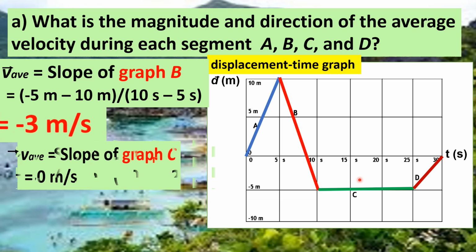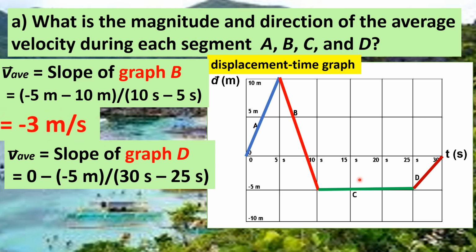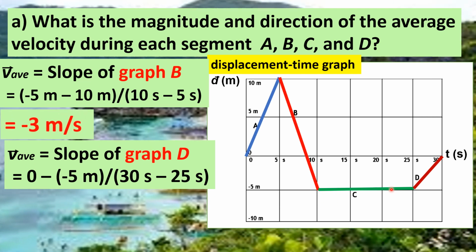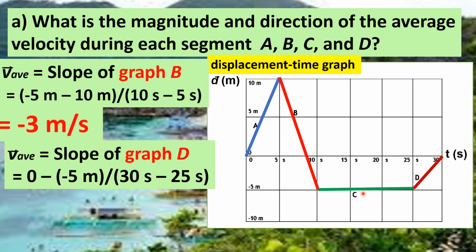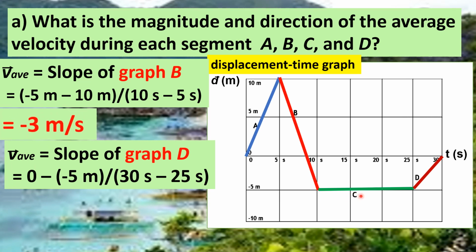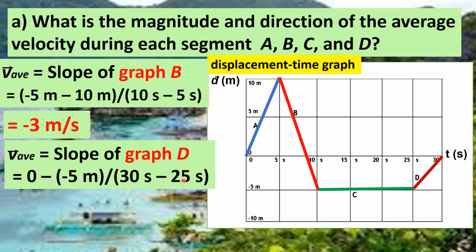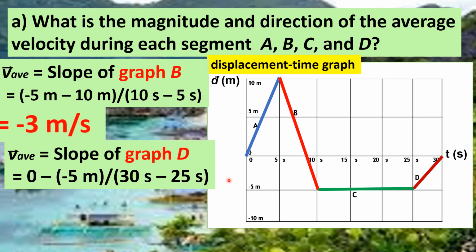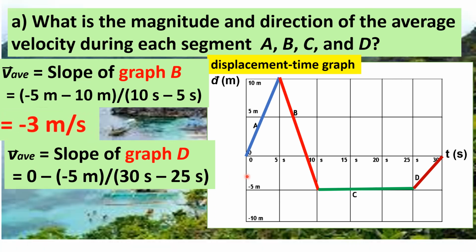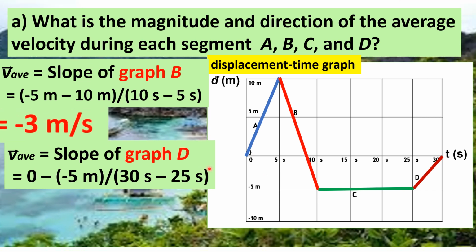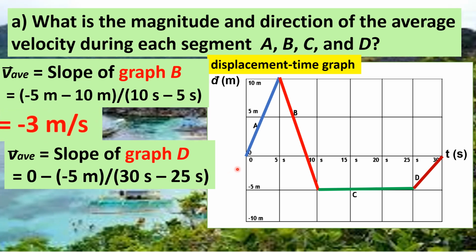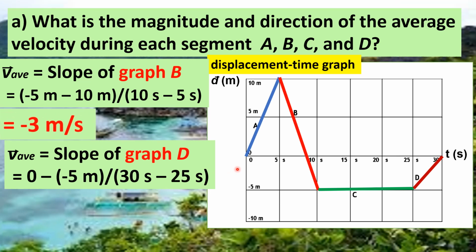Computing for that, delta D is the final position minus the initial position, that is 0 minus negative 5 meters, 0 being the final position, and negative 5 being the initial position.